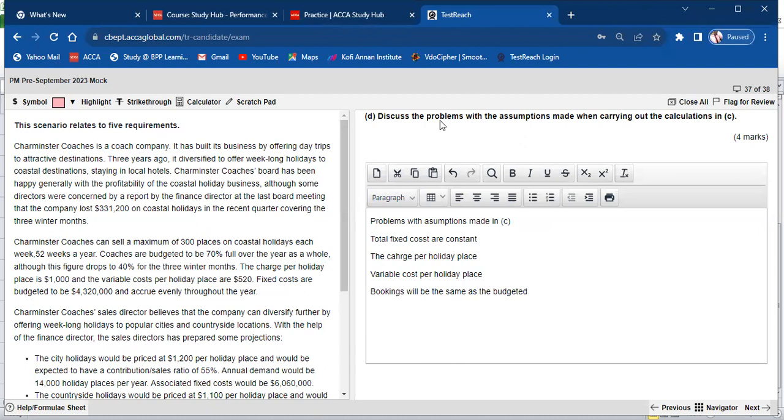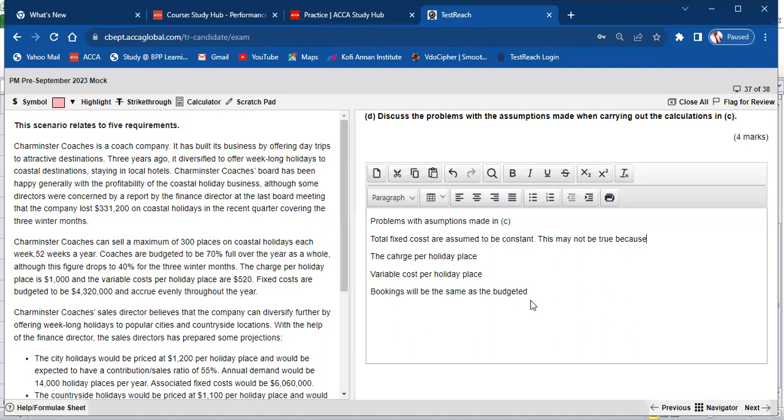Now, let me tell you about this. Total fixed costs are assumed to be constant. This may not be true, because my thumb card in PM is to use the joining word because.